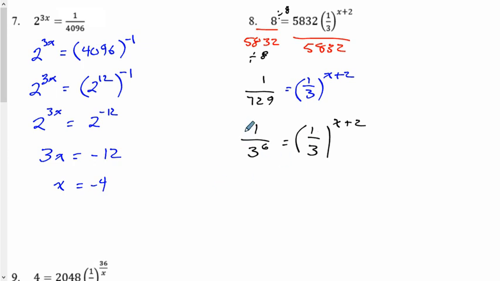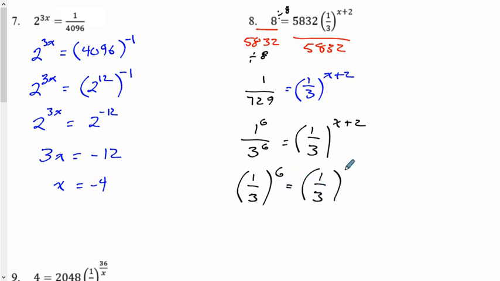Now, 3 to the exponent 6, we knew that was 729. 1 to the exponent 6 is still 1. So this on the left I could write as 1/3 in brackets all to the exponent 6, and it would be equivalent to that previous line. That only works when I have a 1 as that term in the numerator, but then I have a 1/3 to the x plus 2 on the right.